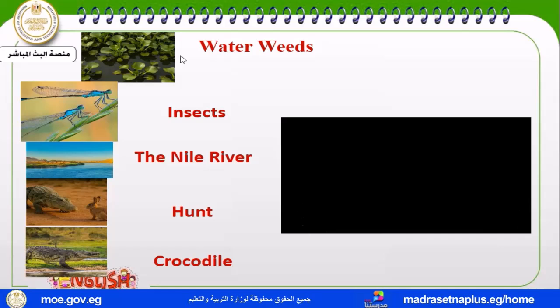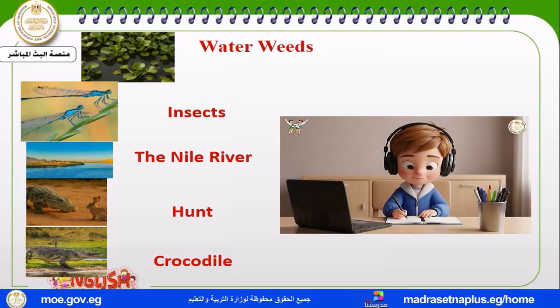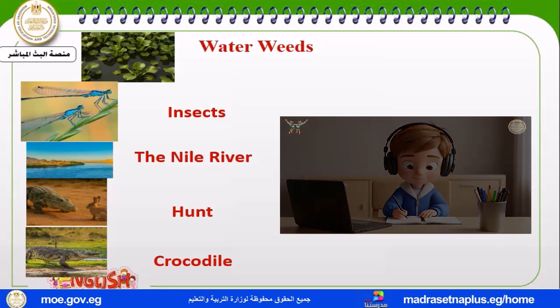Please look at the photos, read the words, and listen to these words. Water weeds, insects, the Nile River, hunt, crocodile. These are the main words in Unit 1. Now, let's see what each word means.